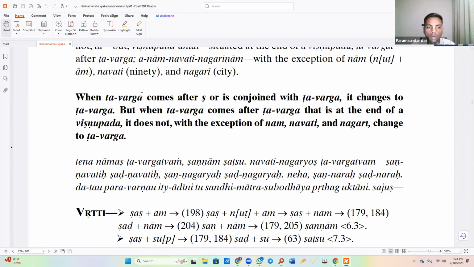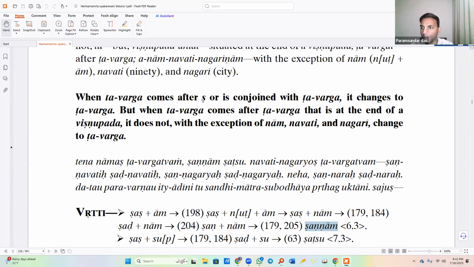So one thing is when ta varga comes after sha, or when ta varga is conjoined with ta varga. In this case, the ta varga letter is na, and it is next to a ta varga letter which is na, right? So what happens is then that ta varga letter changes to ta varga letter. So thus this ta varga na will change to ta varga na, and thus it becomes shannam.